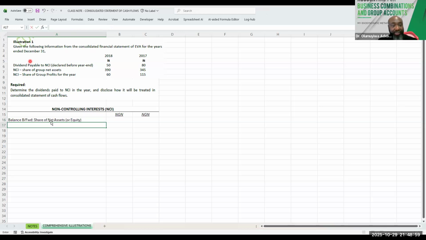And the second balance is with respect to dividend payable to NCI.